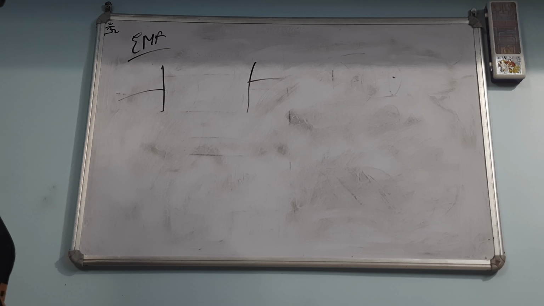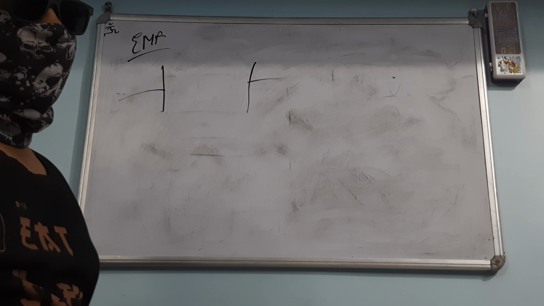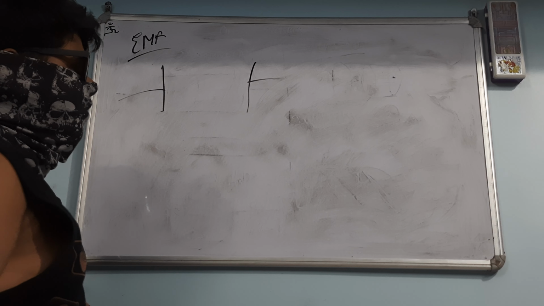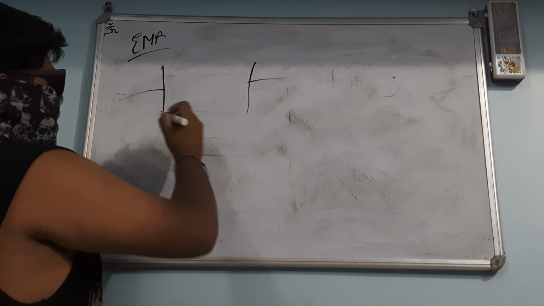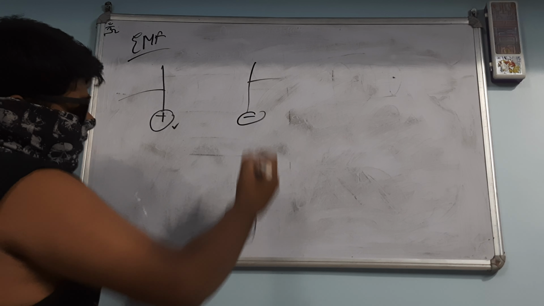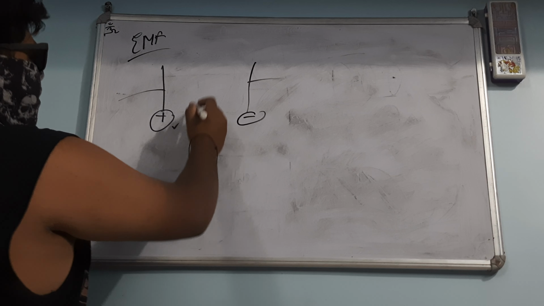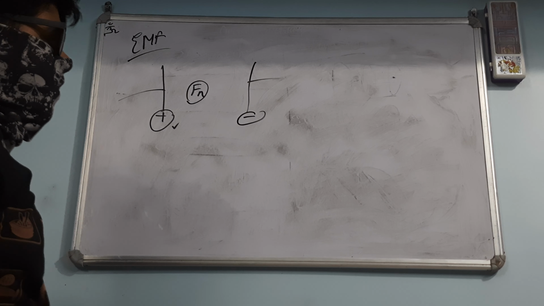Due to some chemical reaction, the charges present in the poles experience some force, and due to this force the charges move from lower to higher potential. So the positive charge gets accumulated here and negative charge here. This is due to a force, the electromotive force, that is represented by Fn.